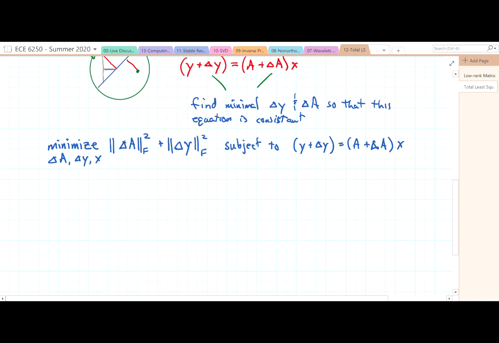So, how do we go about solving this? This is going to take a few steps, so we will start undertaking this in the next lecture.